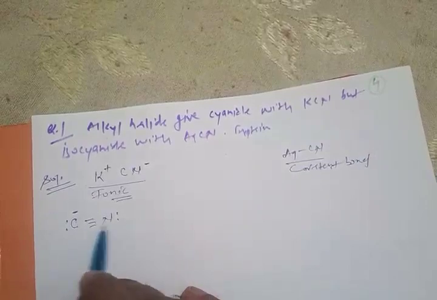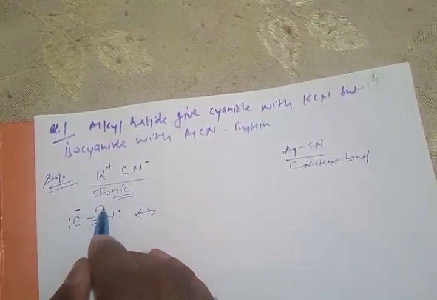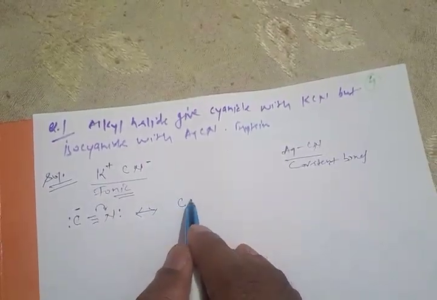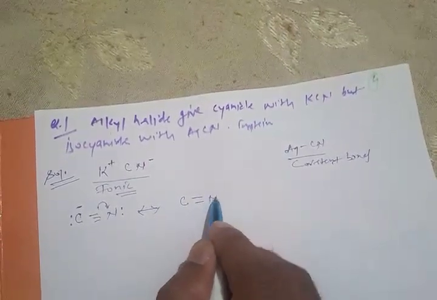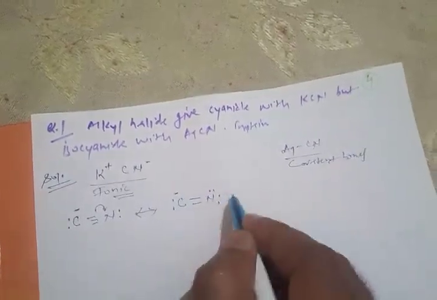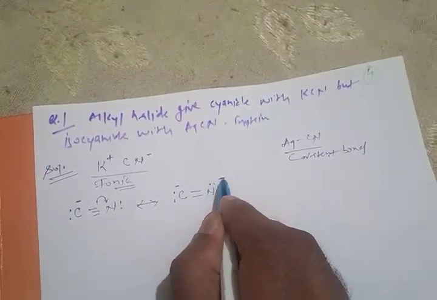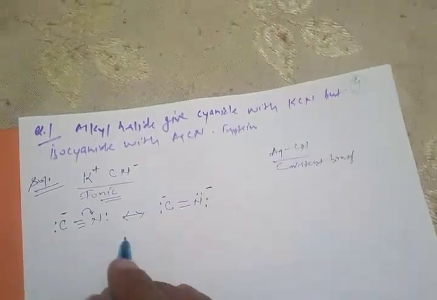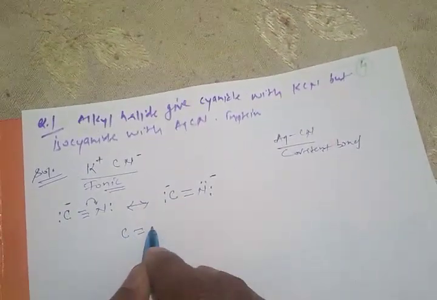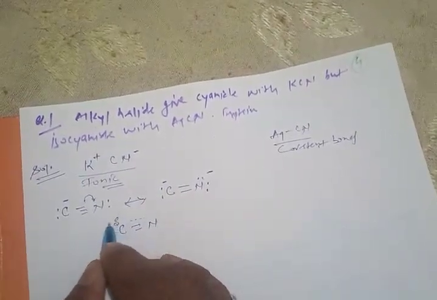So the octet is complete in both cases, and this is resonance stabilized by carbon double bonded with two lone pairs. We already have a negative charge here, and a negative charge will be gained here. Both structures carry a negative charge.